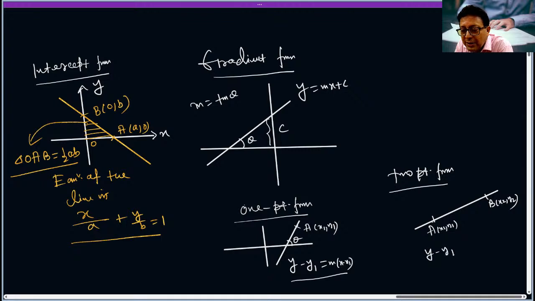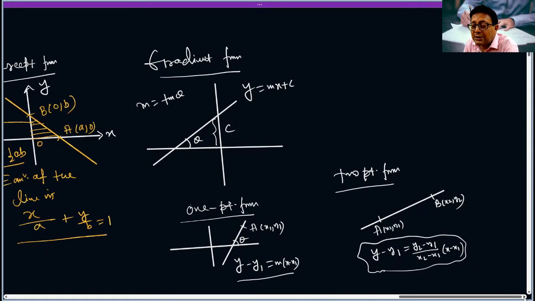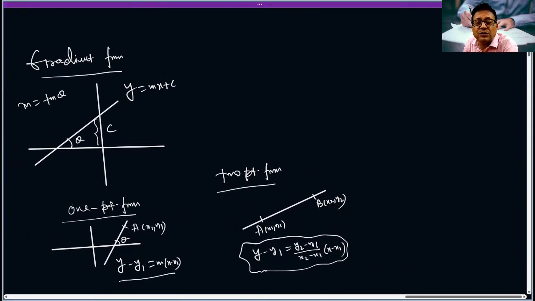Line will be y2 minus y1 by x2 minus x1 into x minus x1. Okay? This is the equation of line passing through two given points x1 y1 and x2 y2 because this part is slope. So y equal to mx plus c, yes, definitely.